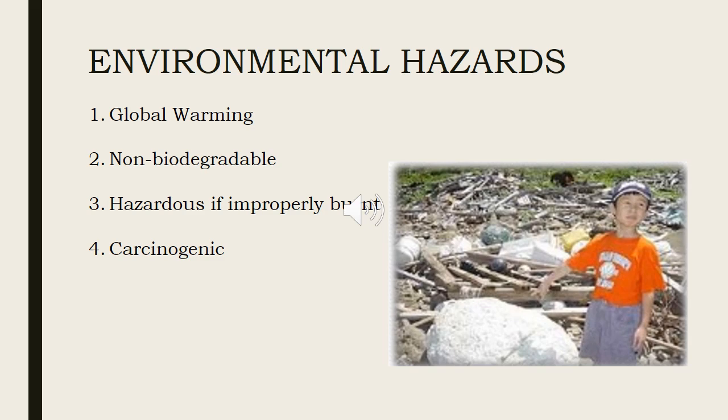Hazardous if improperly burnt. When burnt below 900 degrees centigrade, up to 90 dangerous compounds can be released. Some of these are alkyl benzenes and carbon monoxide. Carcinogenic. The styrene monomer is a cancer causing agent.